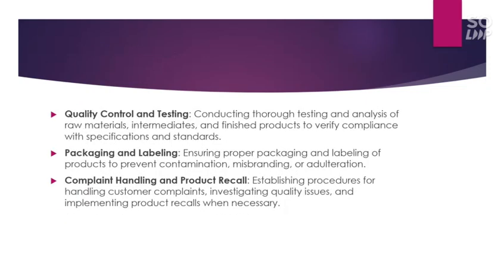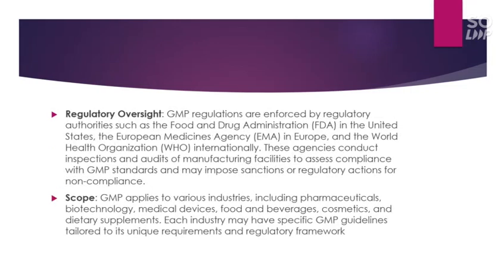Quality control and testing, conducting thorough testing and analysis of raw materials, intermediates, and finished products to verify compliance with specifications and standards. Packaging and labeling, ensuring proper packaging and labeling of products to prevent contamination, misbranding, or adulteration. Complaint handling and product recall, establishing procedures for handling customer complaints, investigating quality issues, and implementing product recalls when necessary.